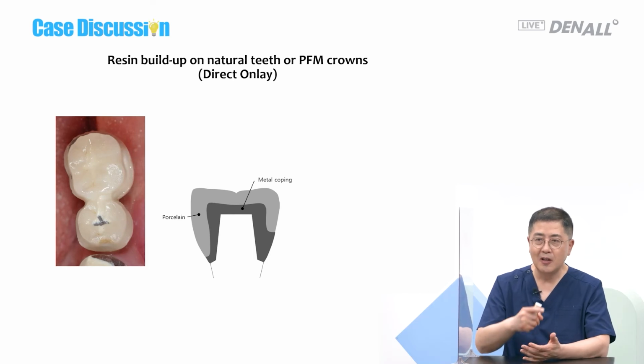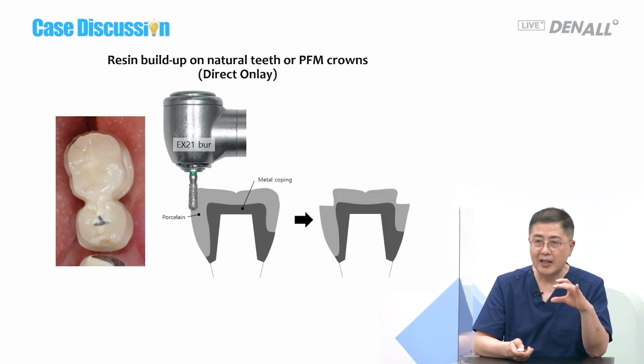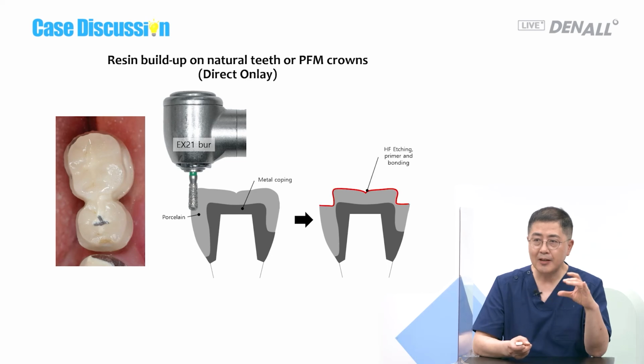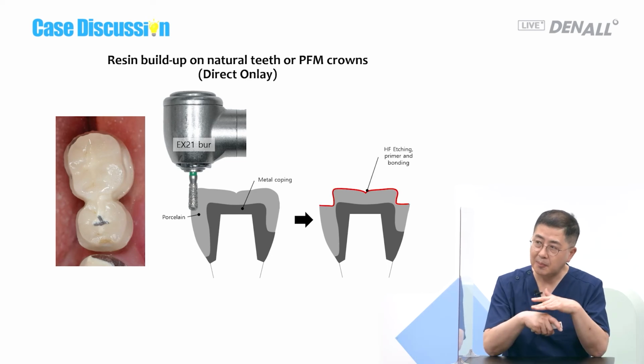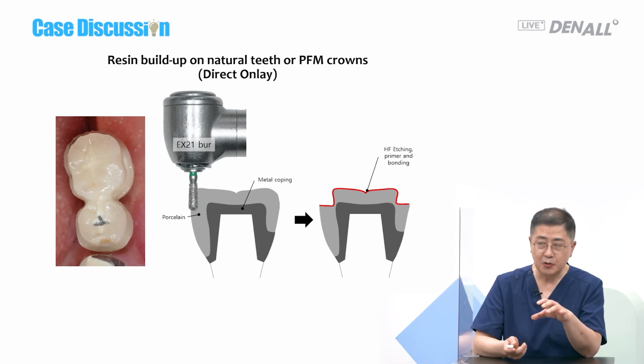In the posterior prosthesis, the porcelain can be reduced and the resin can be built up with a certain thickness. This can be maintained. This is not something clinicians do often, but I observed the long-term outcome, which was pretty good.